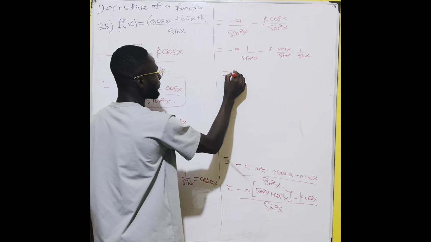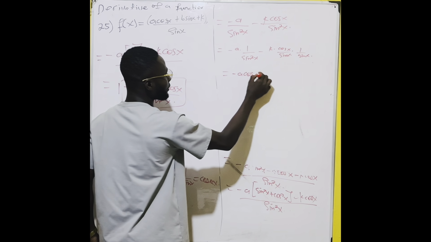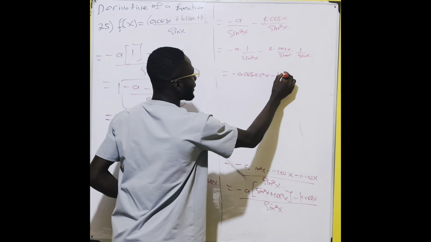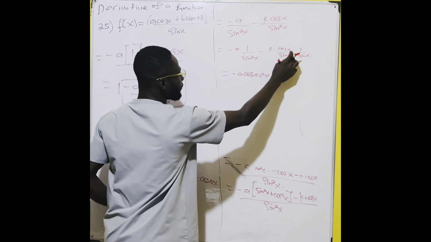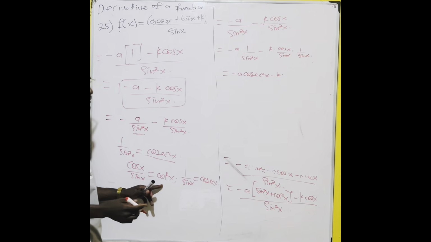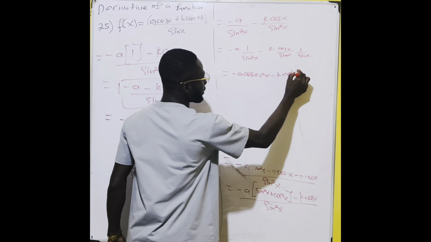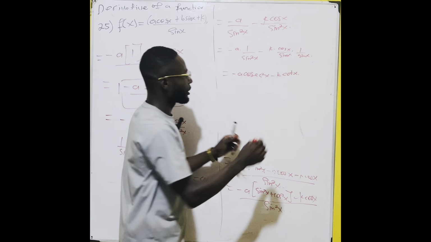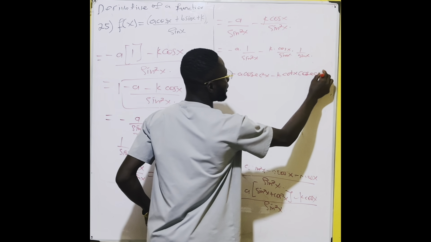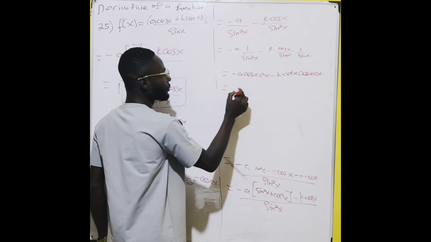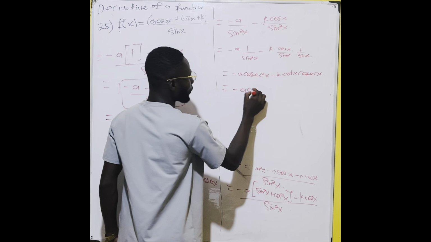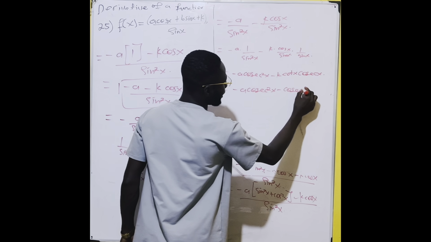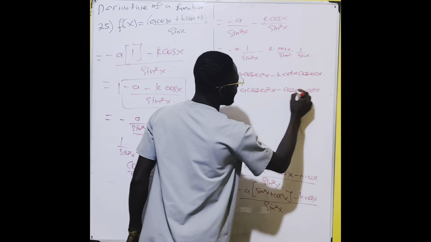So we have minus a cosec squared x, right? Minus k times cos over sine, which is cot x, times 1 over sine x, which is cosec x. So we have minus a cosec squared x minus k cosec x cot x.